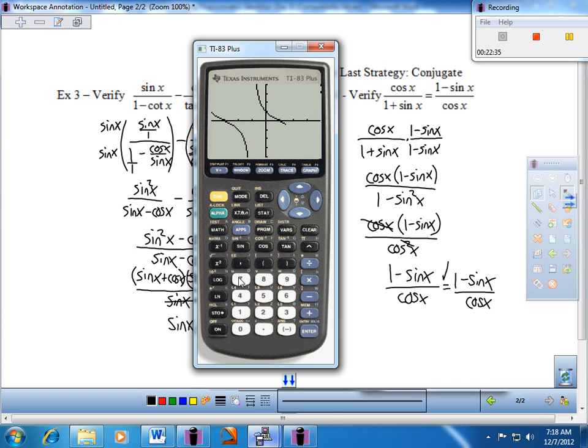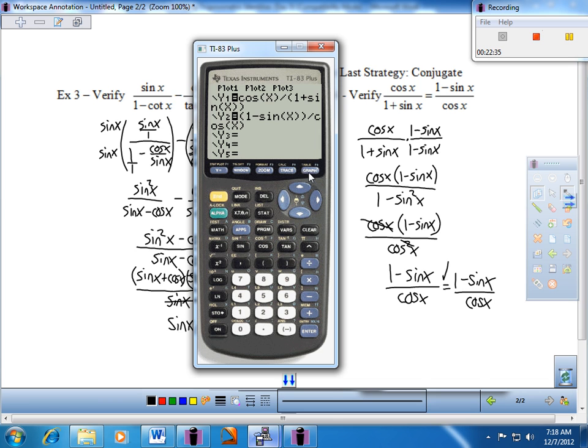Now again, the reality with all of these identities is that the other side of the equation is the exact same. So cosine over 1 plus sine is identical to 1 minus sine, let me get that in there for you, divided by cosine of x.